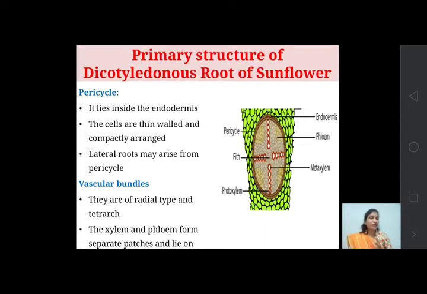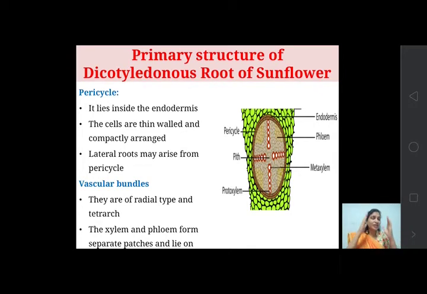As you have seen in our tissues part, when the metaxylem is present towards the inside, or towards the center part of any plant body, and the protoxylem is present towards the outer side of the plant body, that is towards the endodermis or epidermis, this condition is known as the exarch condition.